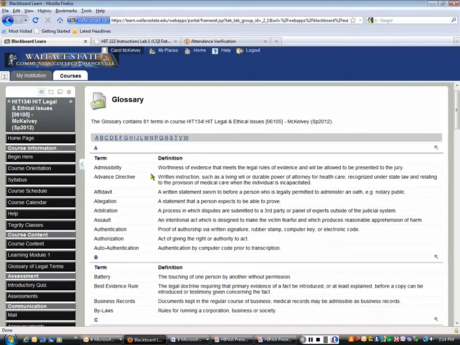Advance directive, we've already talked about that. Just written instructions such as a living will, power of attorney for health care that recognized under state law and relating to the provision of medical care when the individual is incapacitated. And so advance directive, telling or directing in advance what you as an individual would like done if you are not capable of making the decisions yourself.